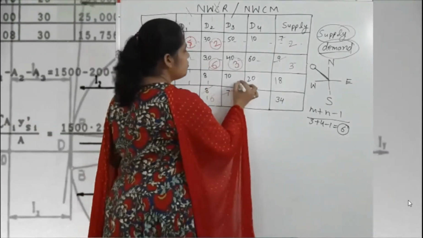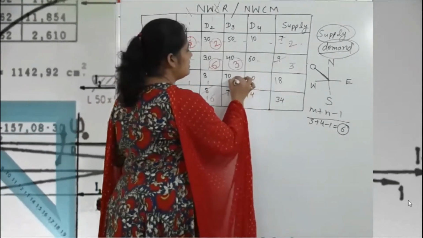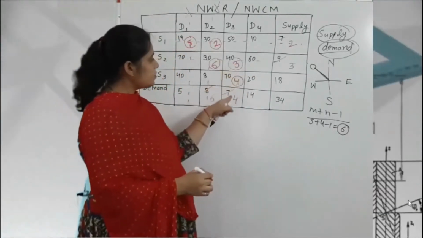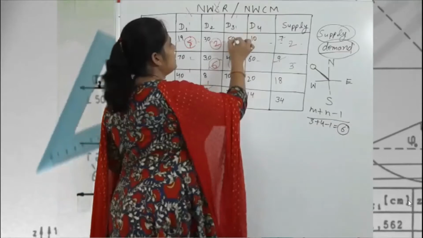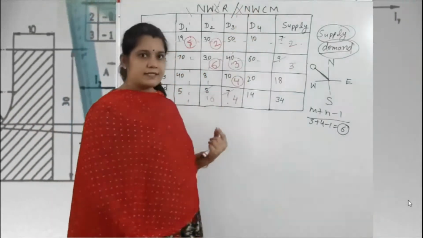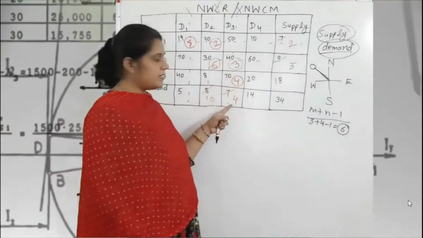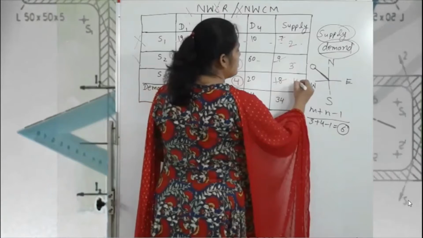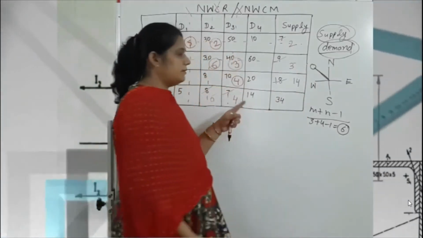Minimum value is 4. So we write here 4. Got it? So here 3 plus 4 is 7. So the third column is also cancelled because here the demand is satisfied. 3 plus 4 is 7. Immediately we write 18 minus 4 is equal to 14.